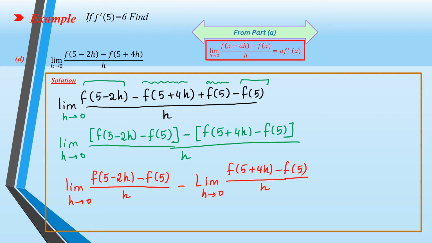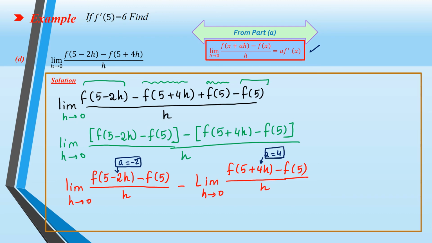Next you have to use the result in part A, and remember that the limit of f of x plus ah minus f of x over h equals a f prime of a. So you have to determine the value of a in each limit. Here we have a equals -2, and here we have a equals 4.